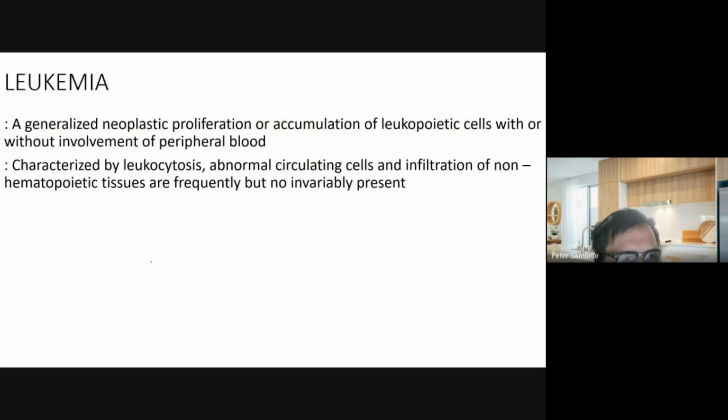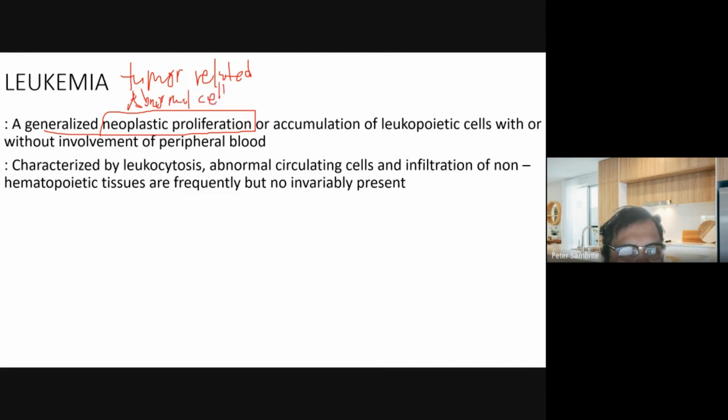Basically, class, your leukemia is a generalized neoplastic proliferation. So when you say neoplastic, this is tumor related. You would have abnormal cell production or the accumulation of leukopoietic cells with or without involvement of the peripheral blood.